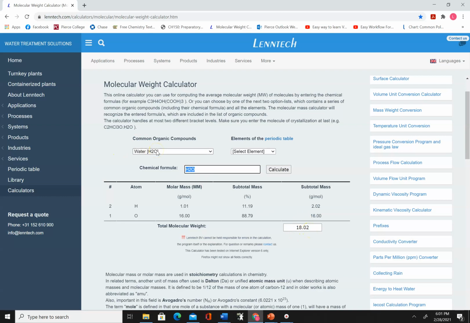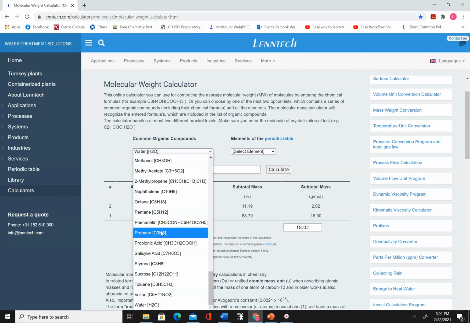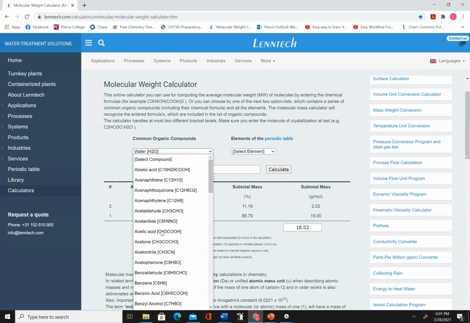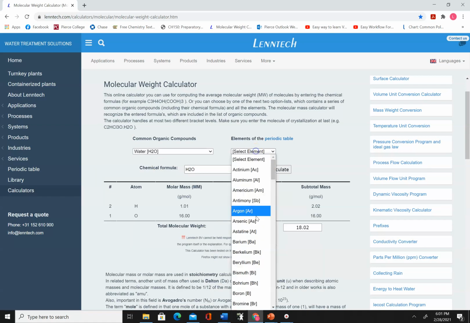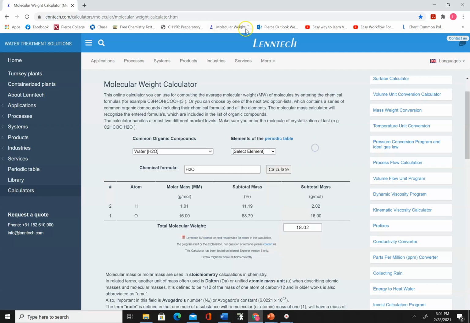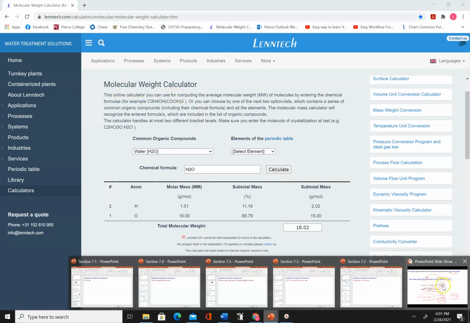This molar mass calculator actually has a few common formulas loaded up already, so sometimes you can look there. It also has all of the elements, so if you just want the mass of an element, you can look it up there. This is just from lentech.com, and there are many molar mass calculators you can search for.